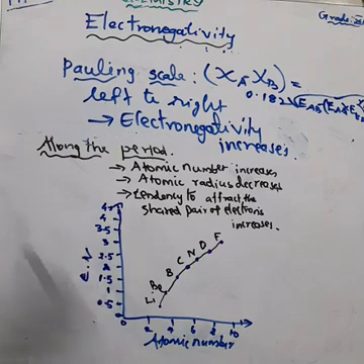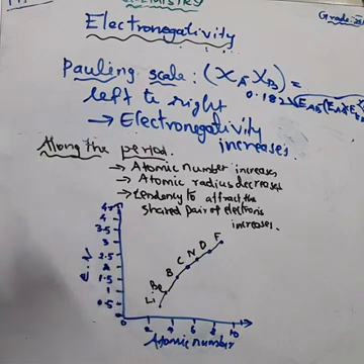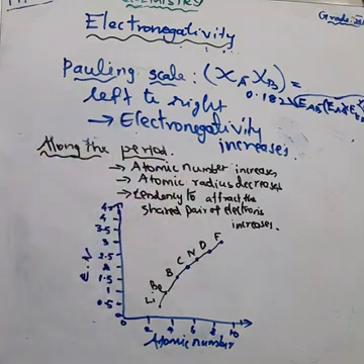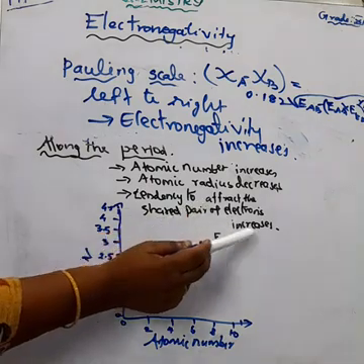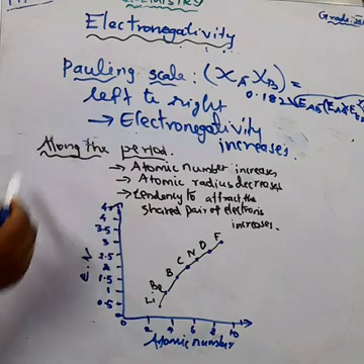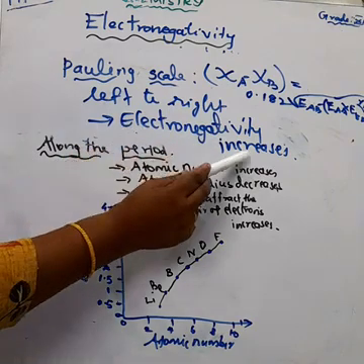The nucleus tends to pull the outer electrons towards itself, so the tendency to attract the shared pair of electrons increases from left to right. Therefore the electronegativity also increases in a period.